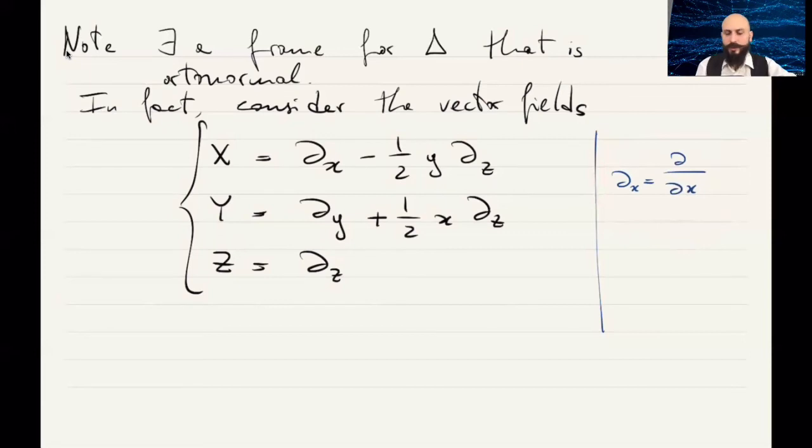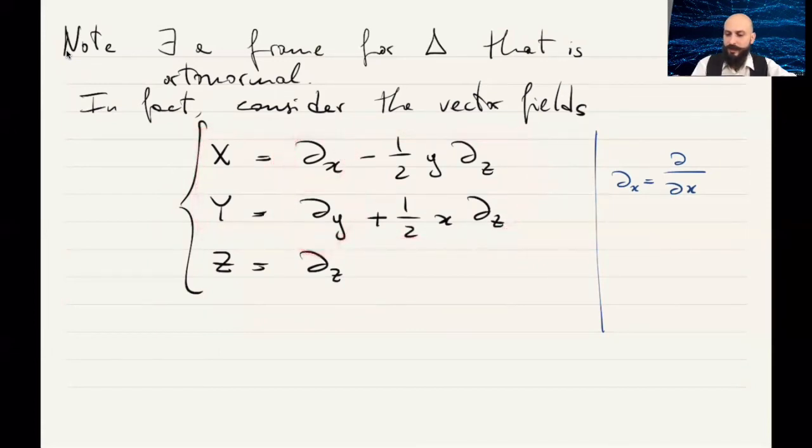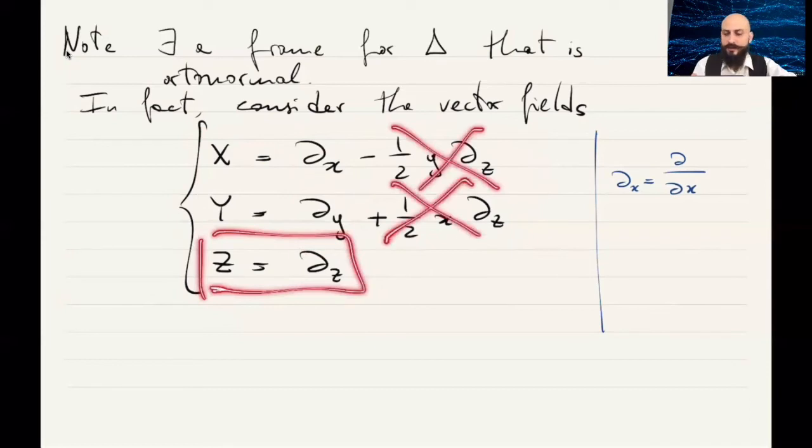So what we can do is declare these to be an orthonormal frame. So first of all, let's see really that they are linearly independent. Of course these two are linearly independent because the x component and y component are different, and now you see that this object here is linearly independent from the other one. In fact, for any point x, y, and z, you can sum this one to cancel, and you have the standard frame.